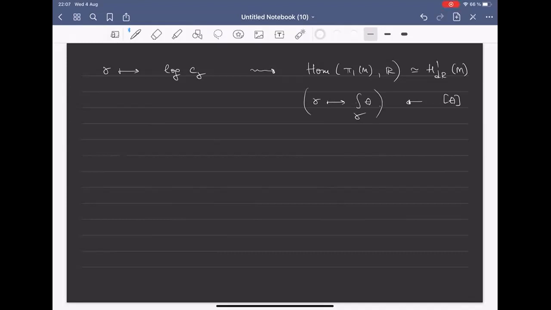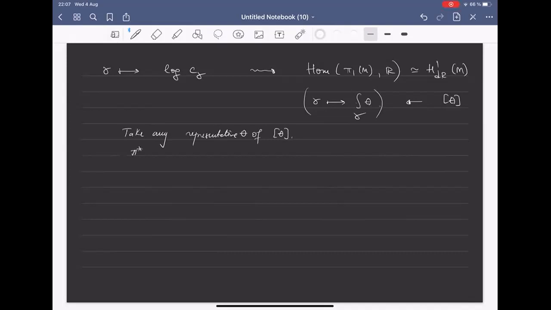Okay, so now we have, out of gamma and C gamma, we can recover this cohomology class in H1 de Rham. So take now any representative of this cohomology class, any representative that we will call theta.